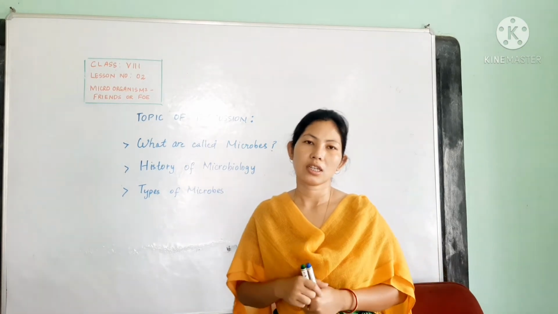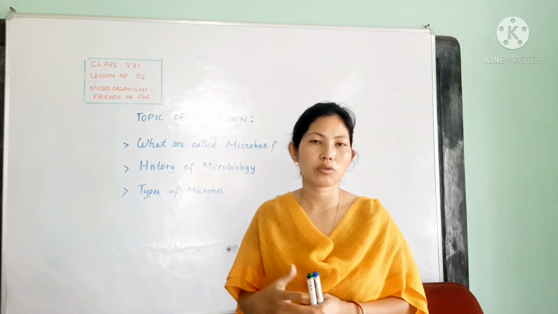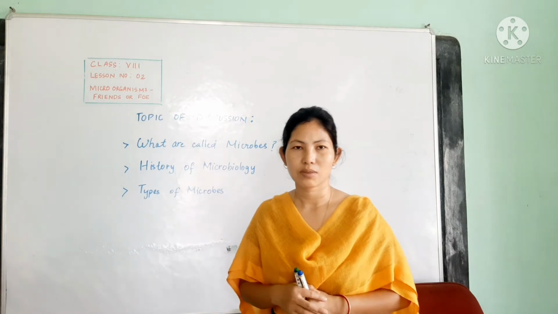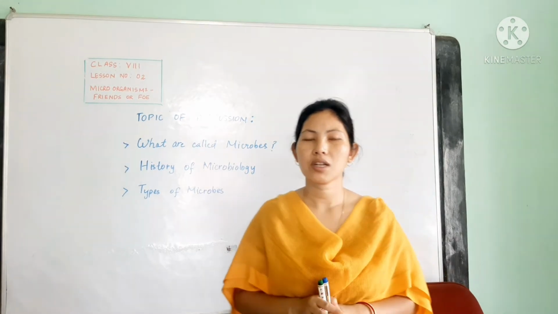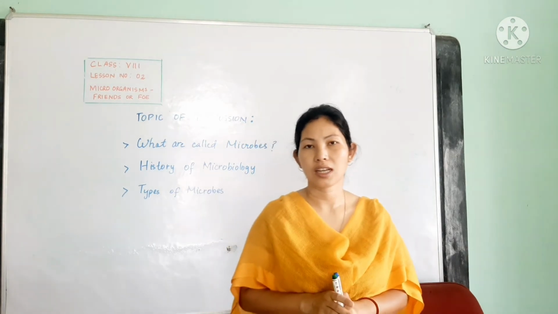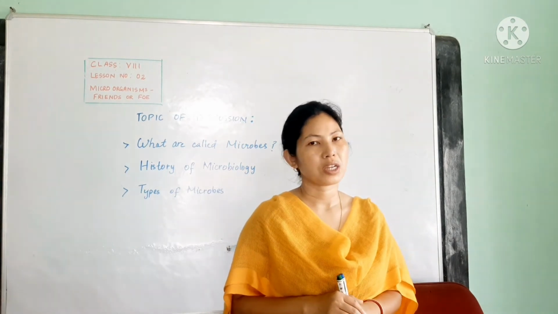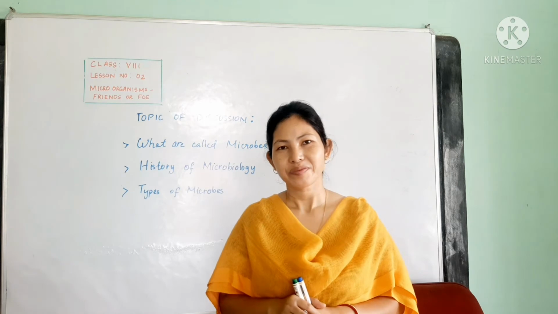So these are the indications of the growth of microbes on the food items. So with this we can understand that microorganisms are present everywhere. They are very tiny and very small, which we cannot see with our naked eye.